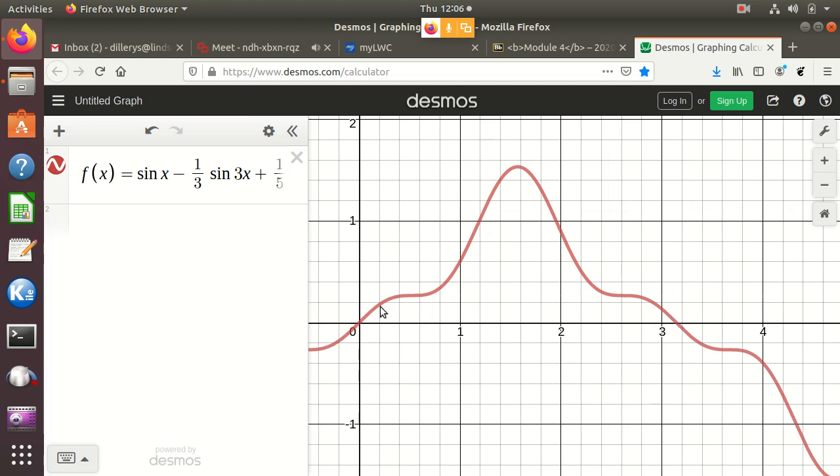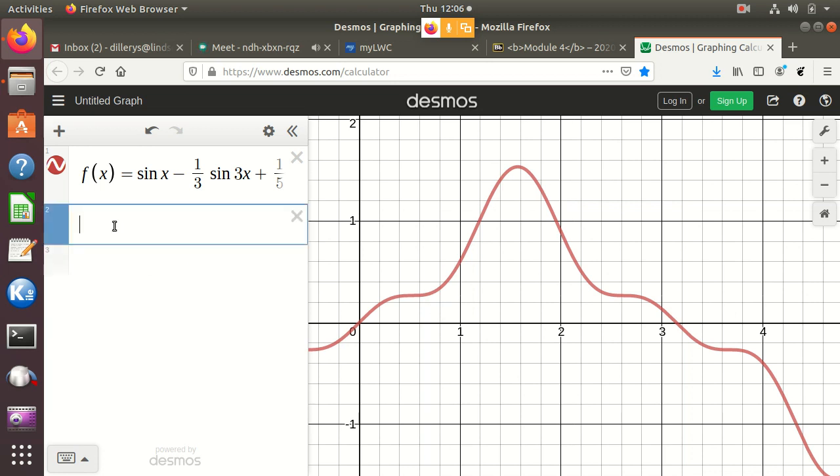As I look at it, I see lots of possibilities for inflection points. And over here on the left, I kind of doubt that's a maximum there, but it might be. It might actually go up and then come back down.